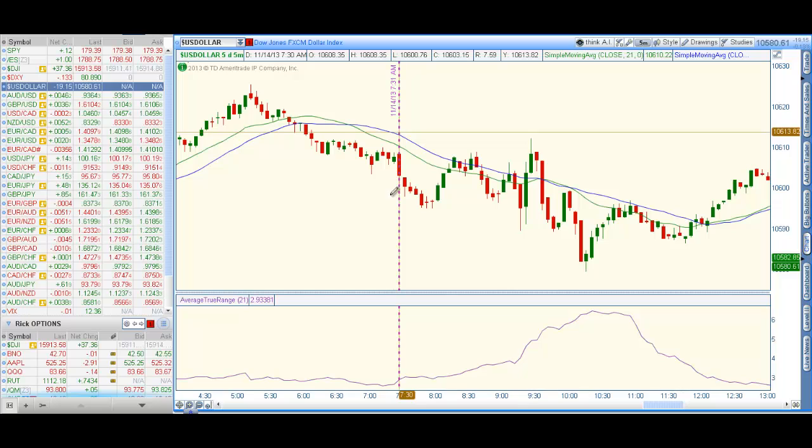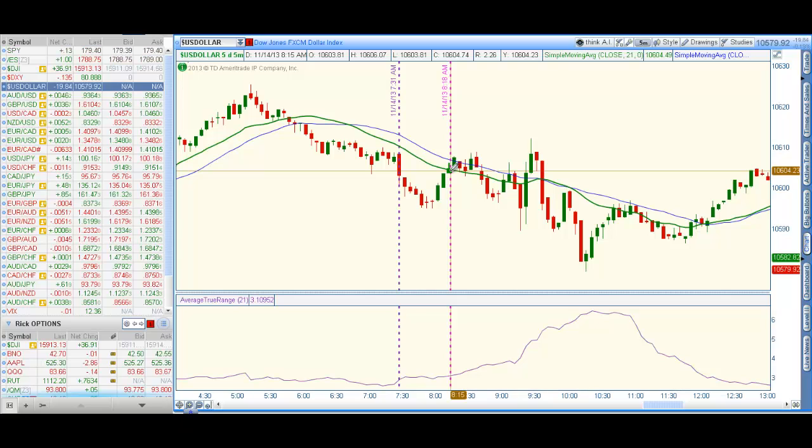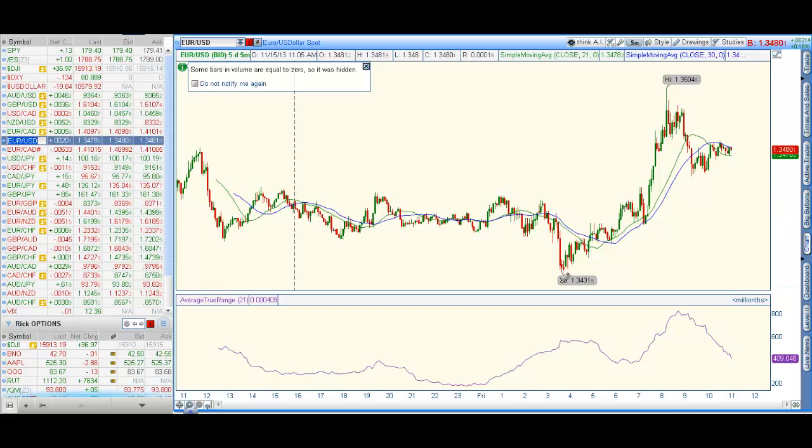At 7:30, there's the US dollar. Now at 8:15, 9:15 Eastern Standard Time, we had a crossover, and at that point is where you would look to trade this. That would be at the close at 8:20. So we'll go look at the Euro USD at that same hour.